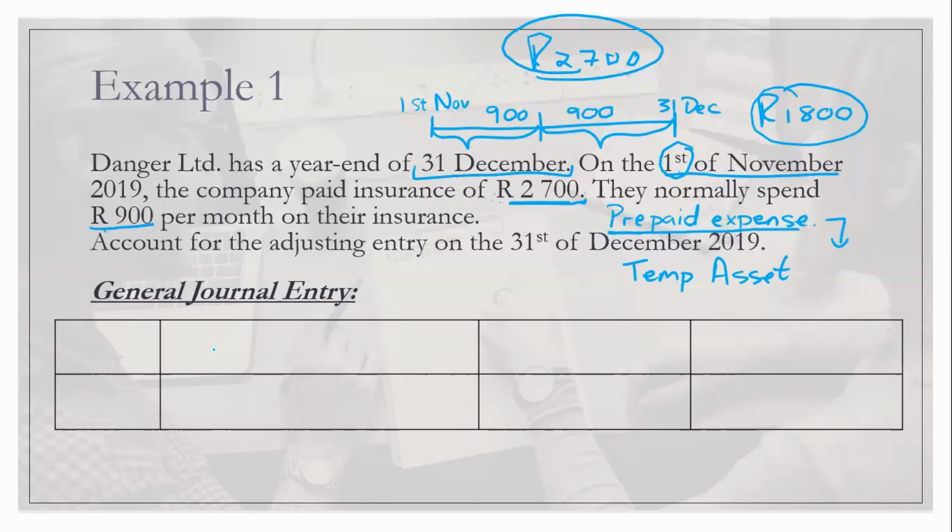Yes, we do have to increase the prepaid expense, meaning we're going to debit it. But we're going to decrease the insurance. Even though we're decreasing the insurance, we are technically increasing what?